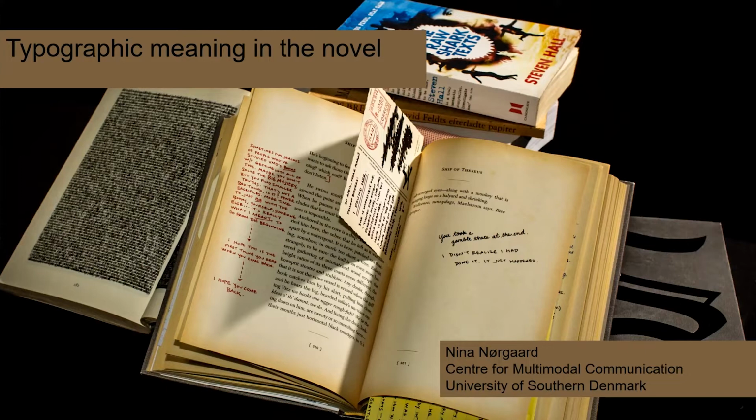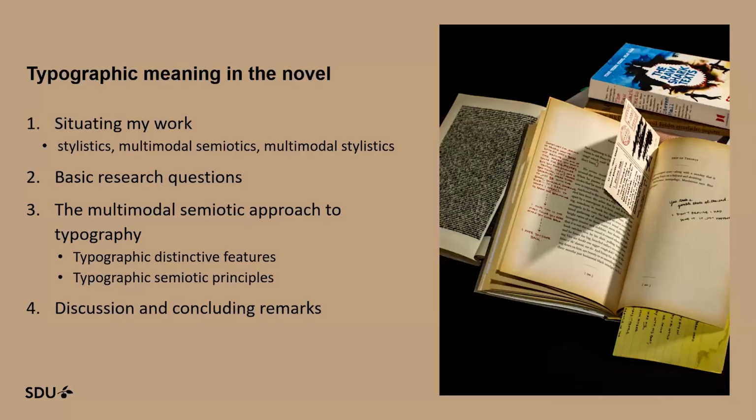Okay, so here is an outline of my presentation. I will start with a bit of background information to situate the work I'll be presenting today, explaining why I work with typography and why I approach typography the way I do. That will lead me to the basic research questions behind my work.